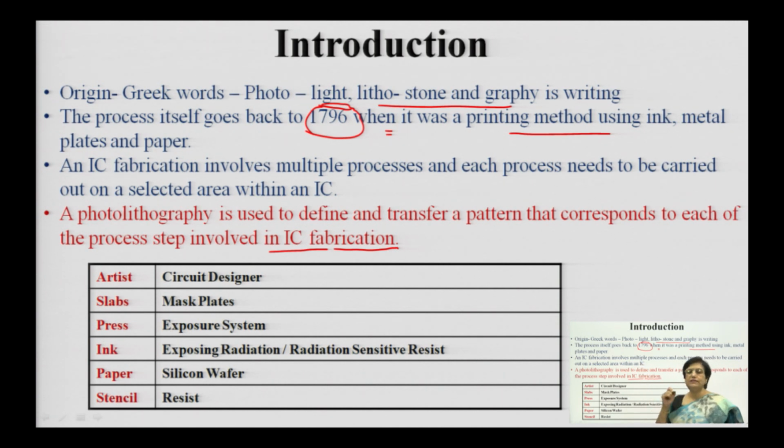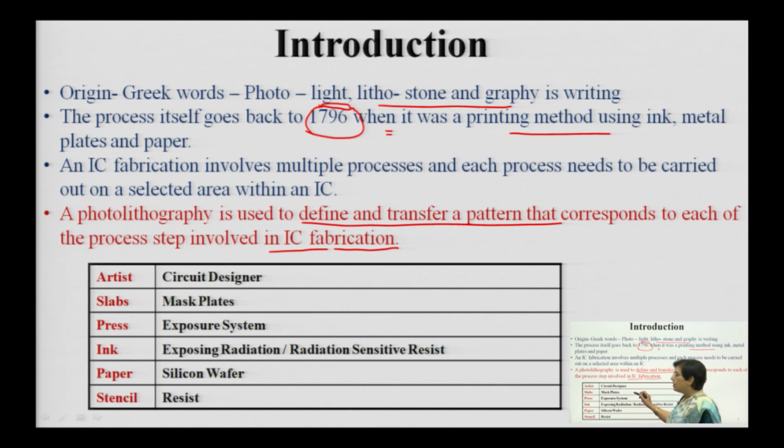Each time a process is executed, the area selection, or the specific area within which the process is executed, is done by photolithography. Thus, it is used to define and transfer the pattern in IC fabrication steps. Every step of IC fabrication involves photolithography, so that the area can be earmarked.